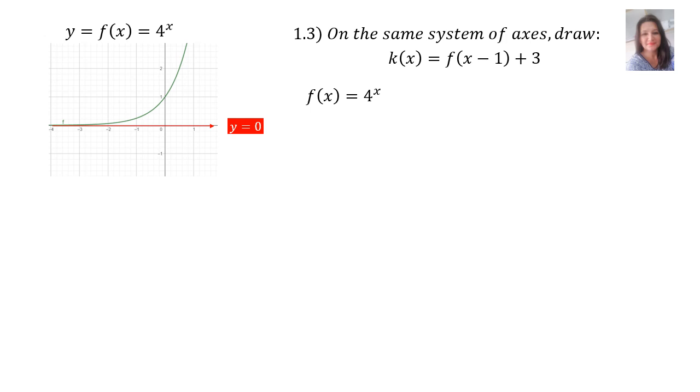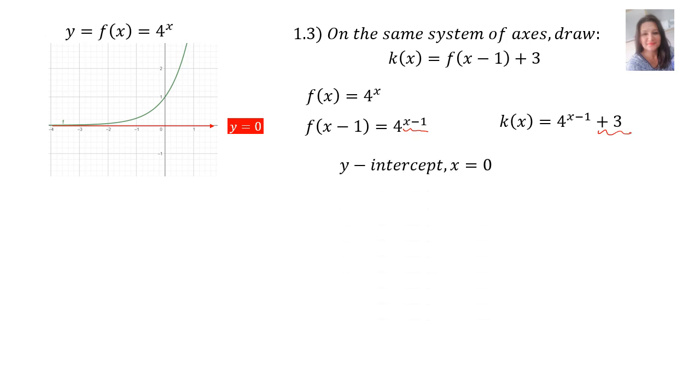It means if I give you the function f of x was 4 to the x, everywhere where you see an x, you will substitute x minus 1. And then to form k, it is this f of x minus 1, which we got as 4 to the x minus 1, and then we add the plus 3. Now that's the one we have to sketch.